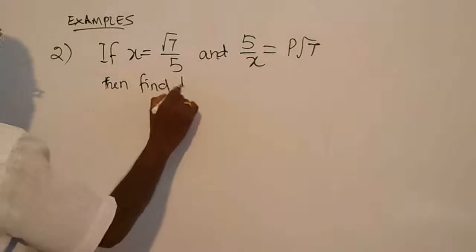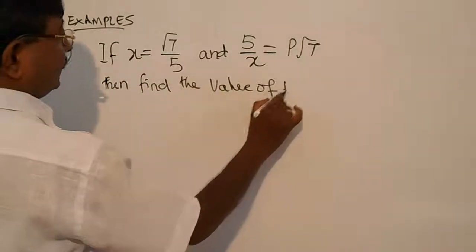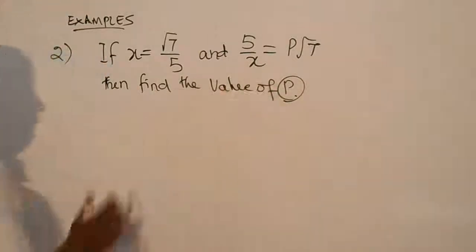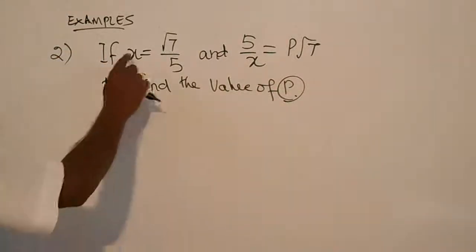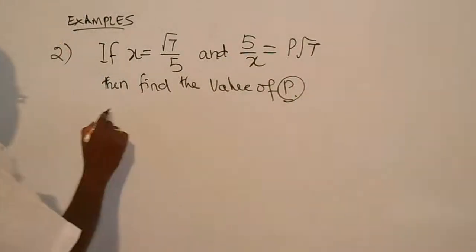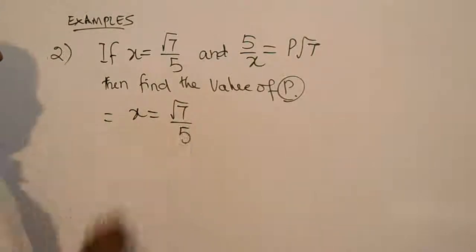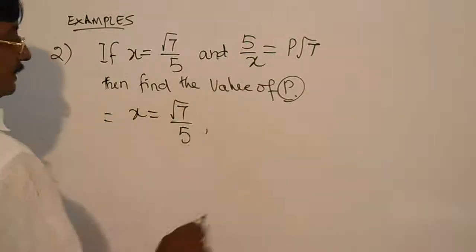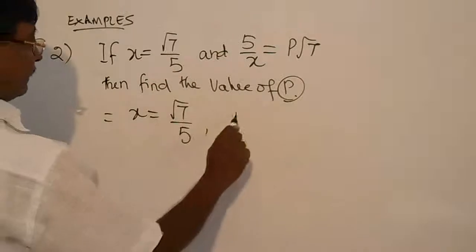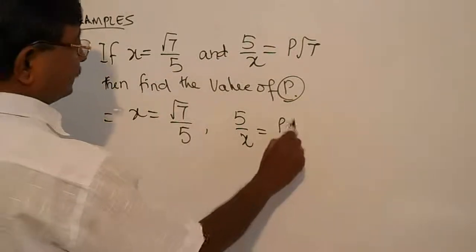The question is to find the value of p. The given data is x is equal to root 7 divided by 5, and 5 by x is equal to p root 7.